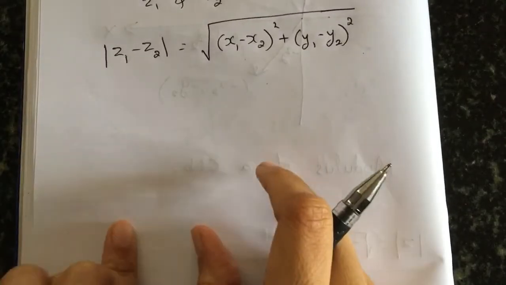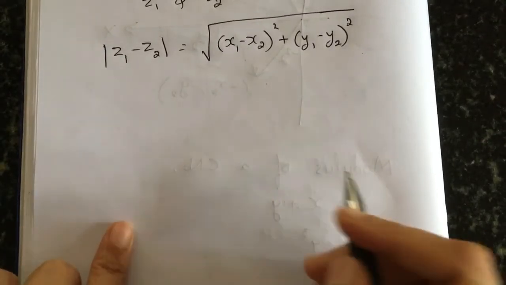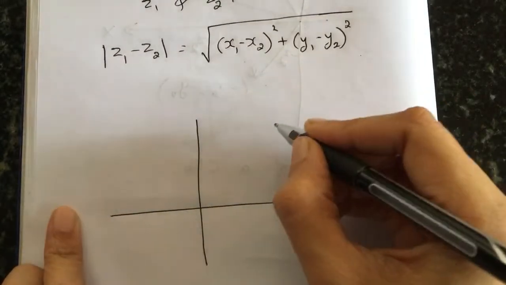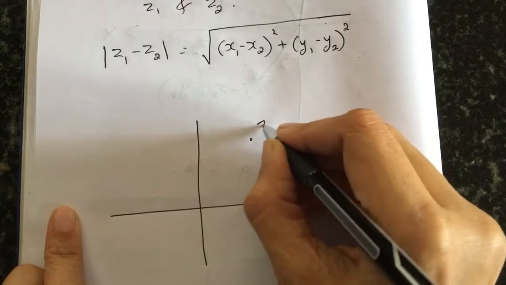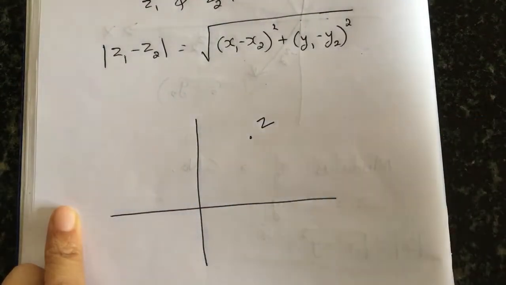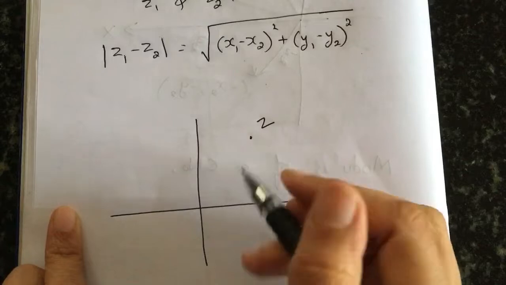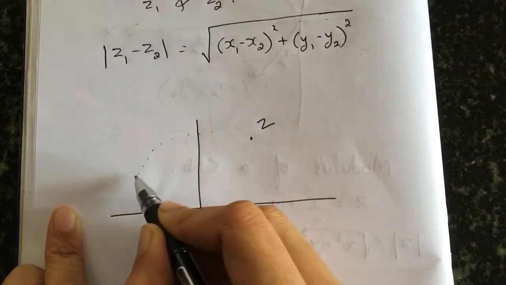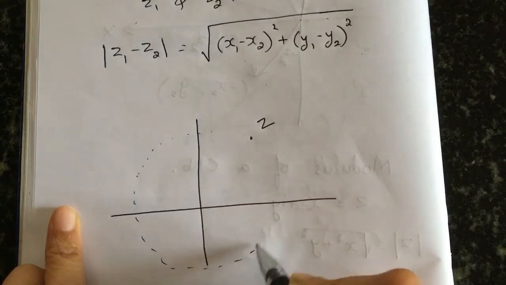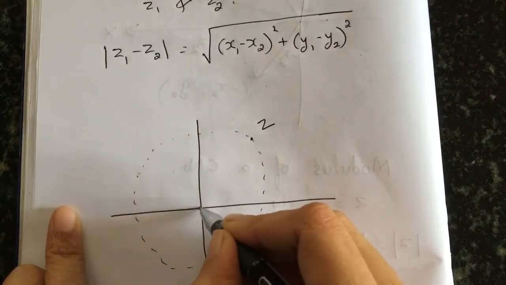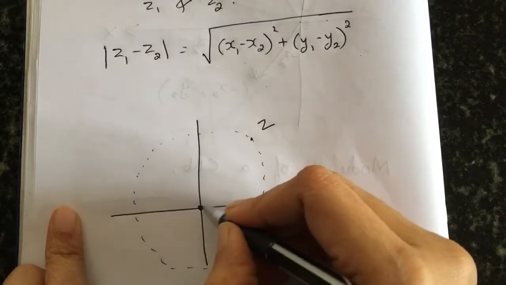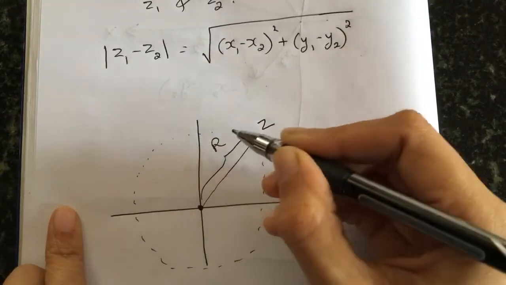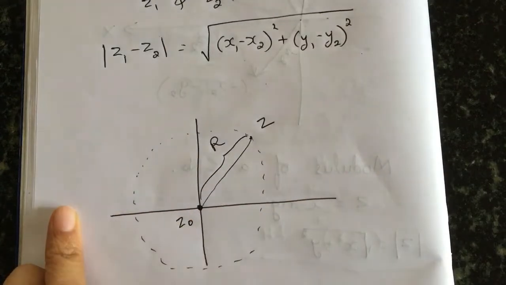And one more thing we can observe. When I have a complex number, say z, then the complex numbers corresponding to the points lying on a circle, whose center is at the origin, say this is the complex number, and this distance I can call r, and this is the center, say z0.